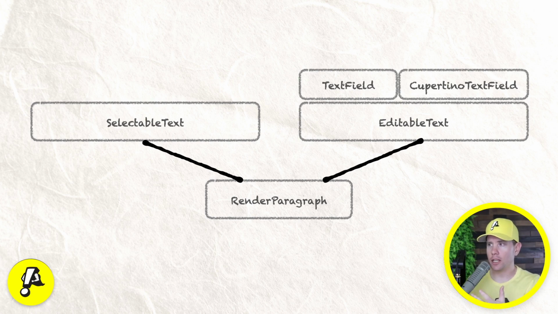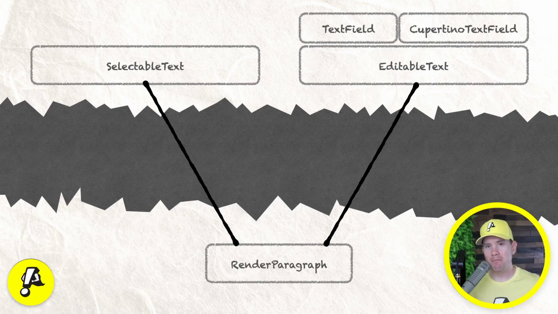Don't we have enough tools here to compose our own solution? And the answer is no, because there's actually a massive rift between render paragraph and then selectable and editable text. In other words, selectable text and editable text implement a lot of stuff in a non-compositional way. Like I would call them monoliths.